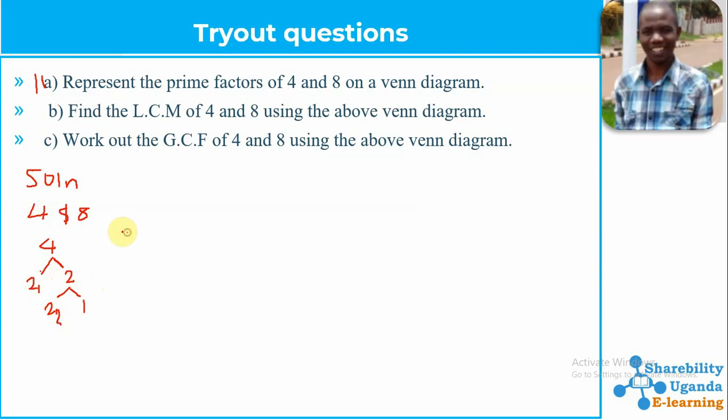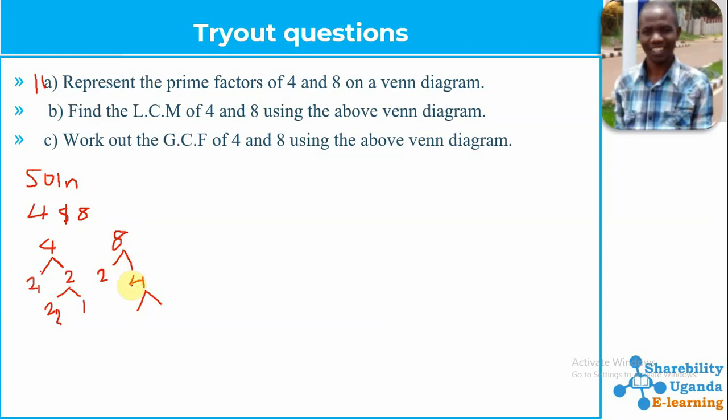Now we are also going to look at the prime factors of 8, where we are also going to use our number 2. What is 8 divided by 2? We get 4. Then we also still divide our 4.